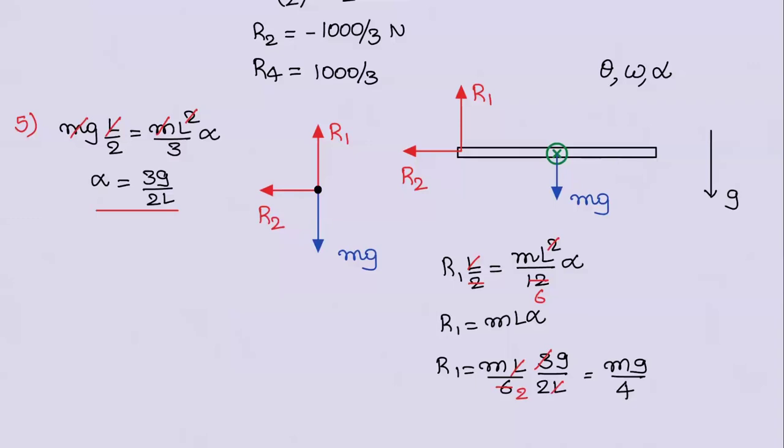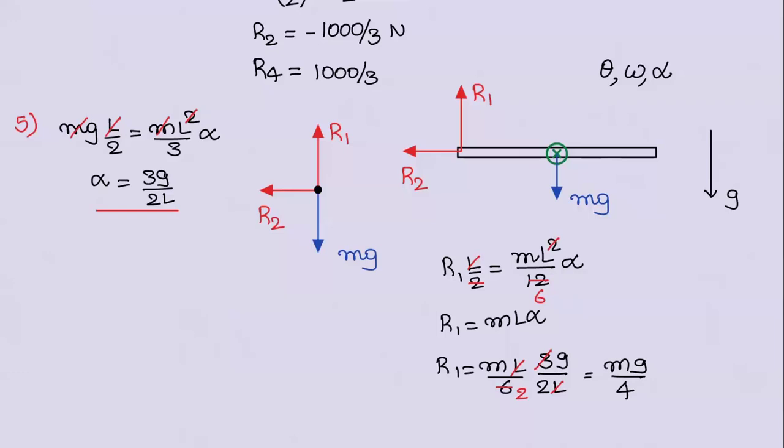How can we handle this next one? R2. Anyone who can tell me how to deal with it? You reached a dead end there because torque will not give you R2 value.